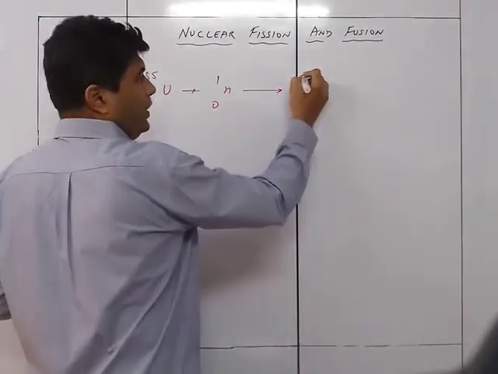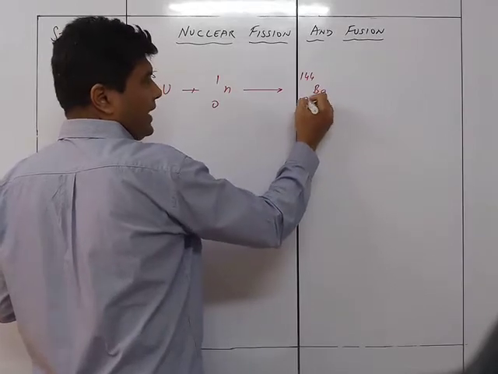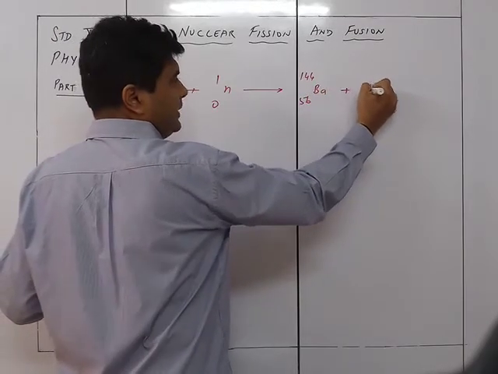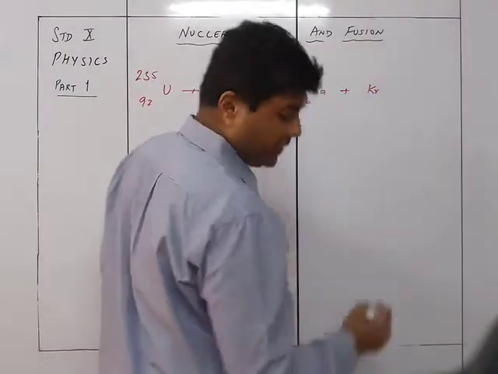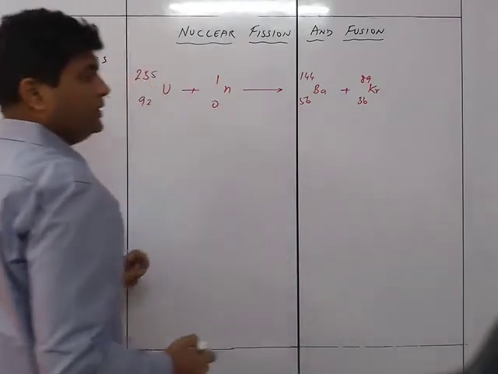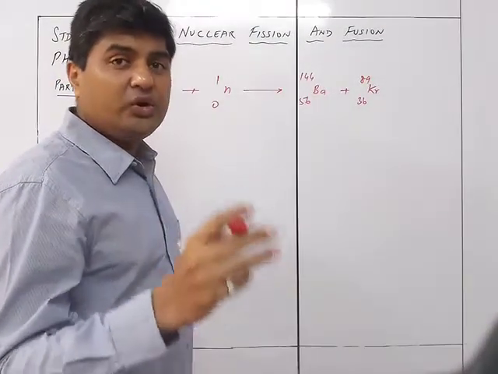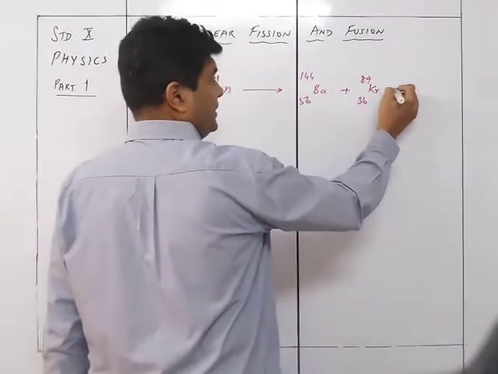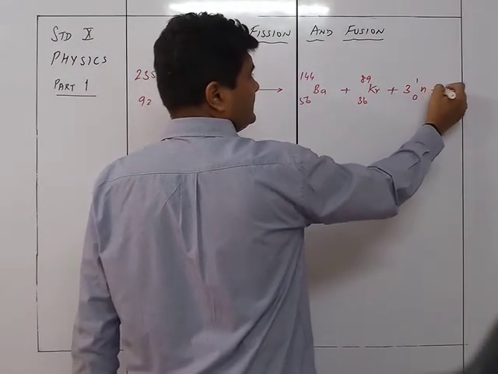One will be barium-144 (56), plus krypton-89 (36). And with this there will be 3 other neutrons, plus energy.